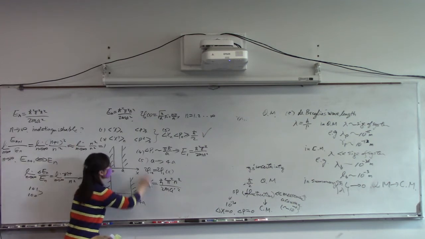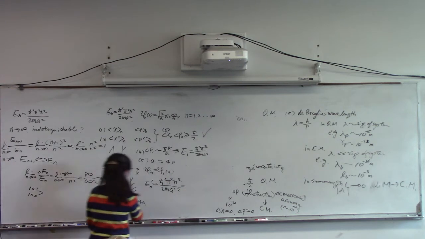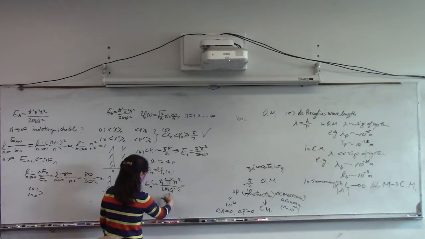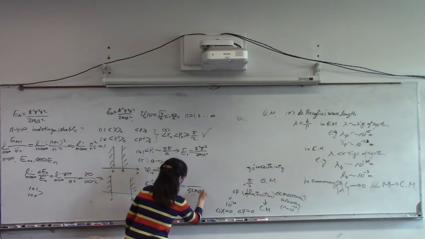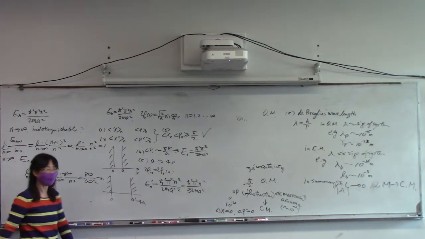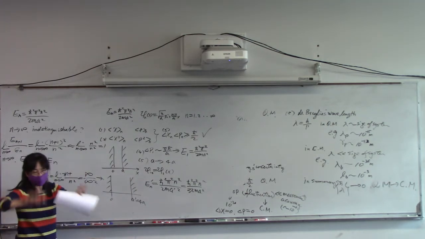So I just use the same formula, but now I replace a by a prime, and a prime is 4 times a, so that is 16, and this one is 32, right? Okay, that is E prime. That is the energy level in the new well.